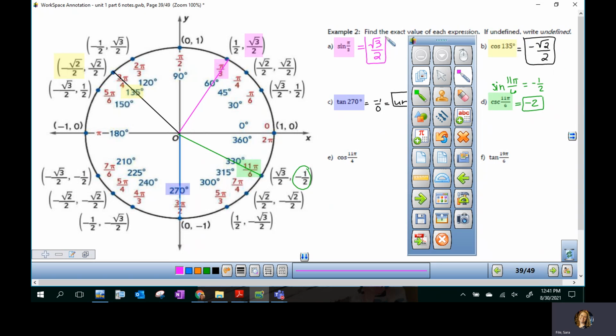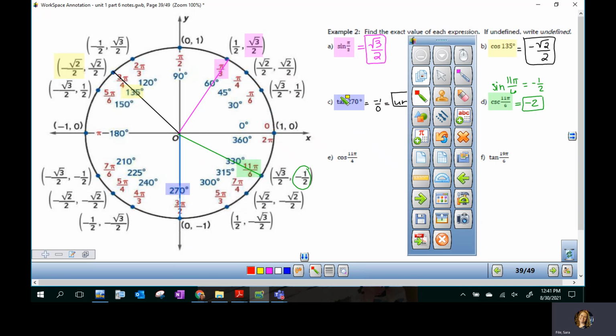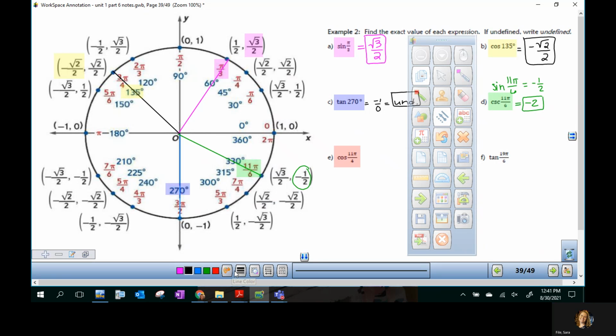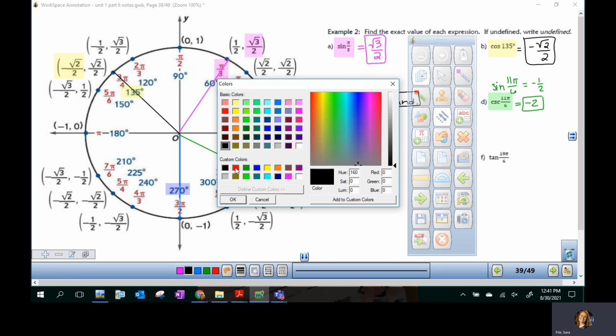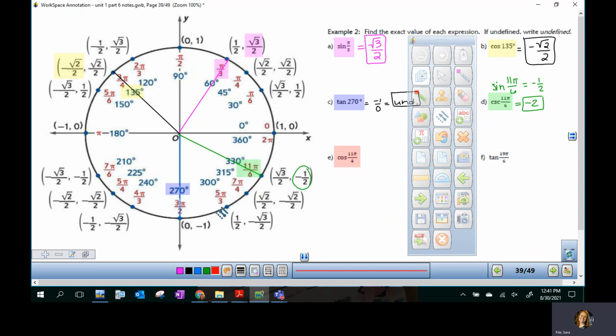Now starting to see how we're using the unit circle. Okay, cosine at 11 pi fourths. 11 pi fourths is not here on the unit circle, is it?